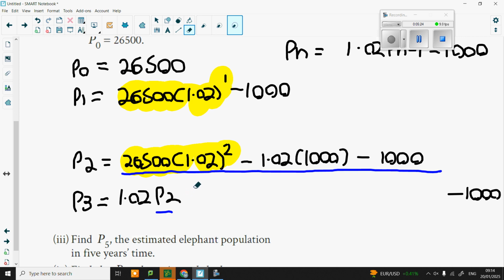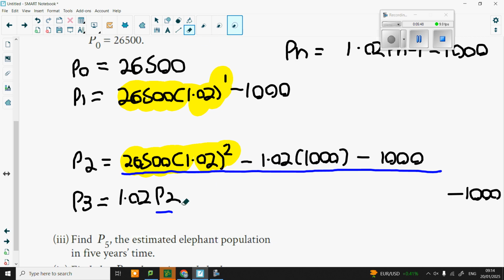What you mean by a generalized solution: if I ask you for P100, you guys would have to go P1, P2, P3, P4, P5, P6. You'd have to work all the way up to 100, wouldn't you? A generalized solution means I just sub in the number and it gives me exactly what I want without doing all the iterative steps. Does that make sense?